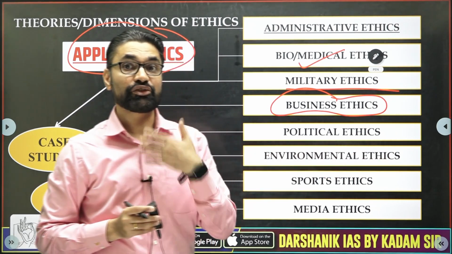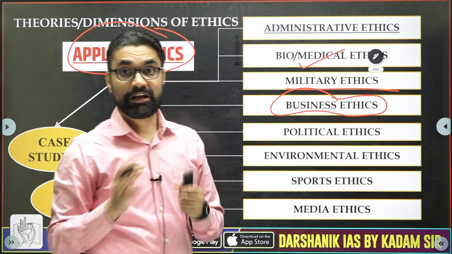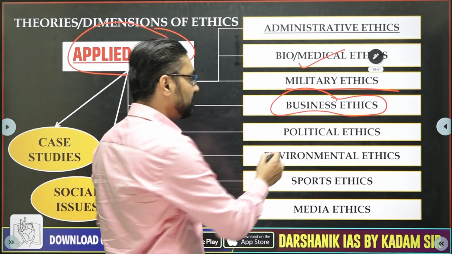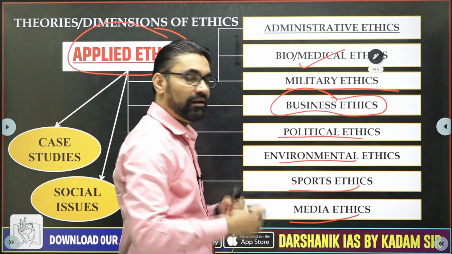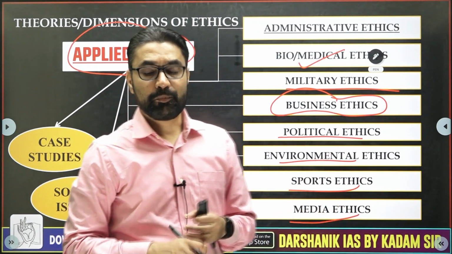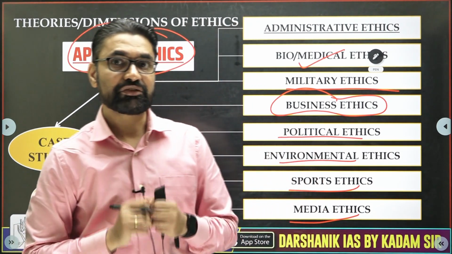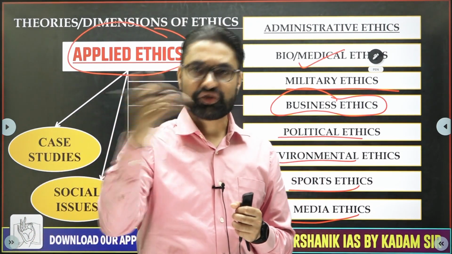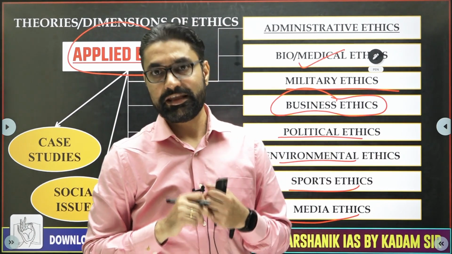So what is the application of ethics in the business world? We will cover that in this topic too. Then we'll also discuss political ethics, environmental ethics, sports ethics, media ethics, different branches of ethics. And once you understand these different dimensions of ethics, most of your case studies will fall under these areas.